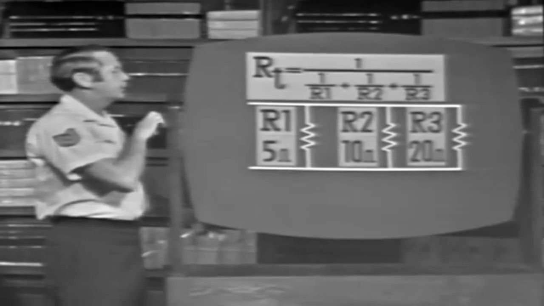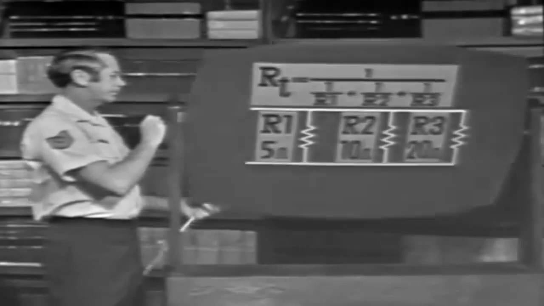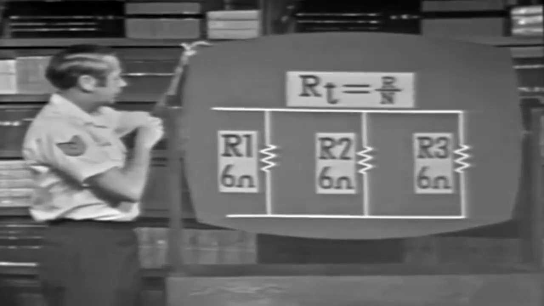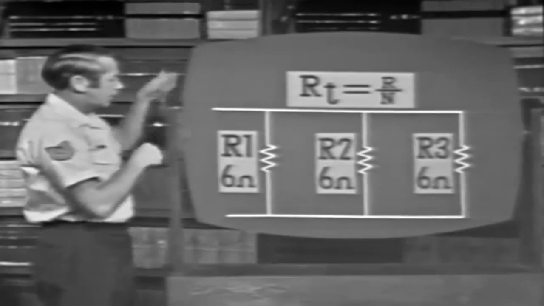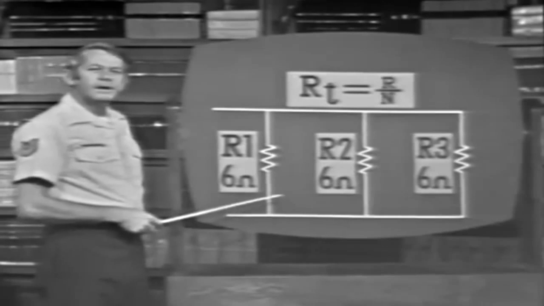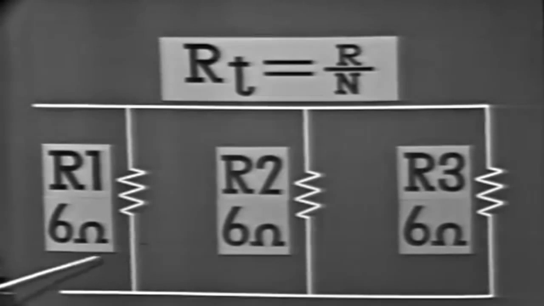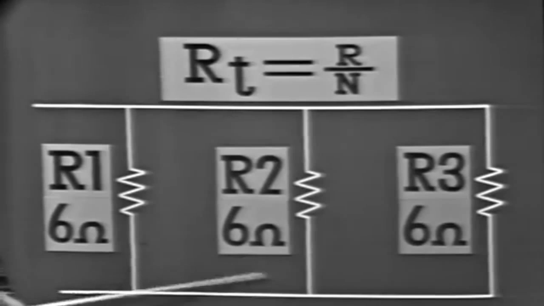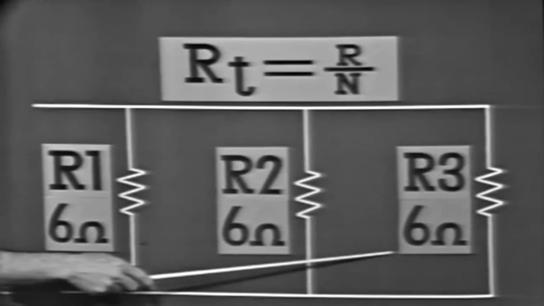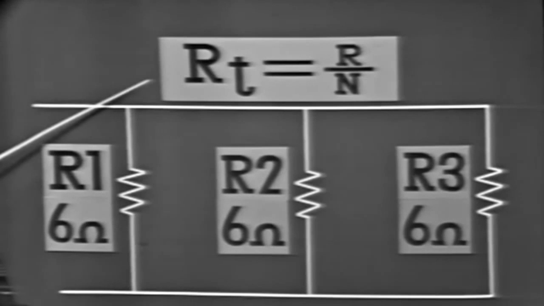Now, another situation that you may run into is a parallel circuit where the resistors have equal values. Here we have 6 ohms, 6 ohms, and 6 ohms. This formula is used in solving total resistance in this case.